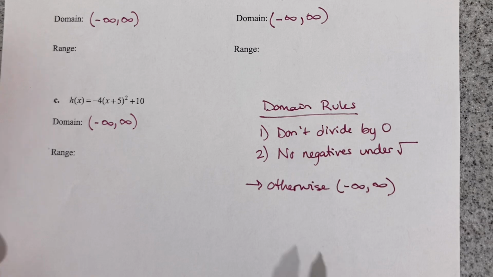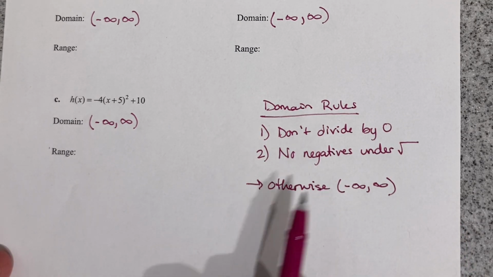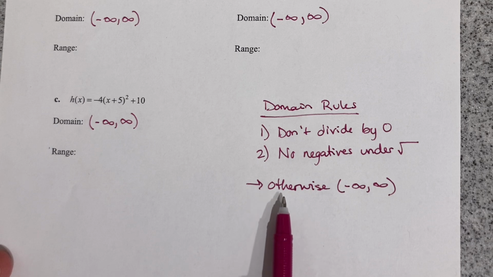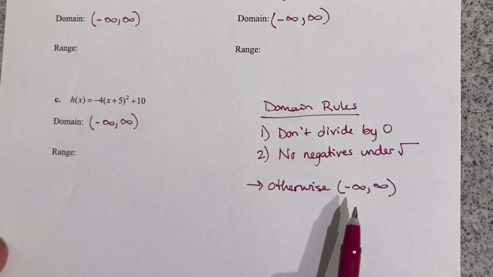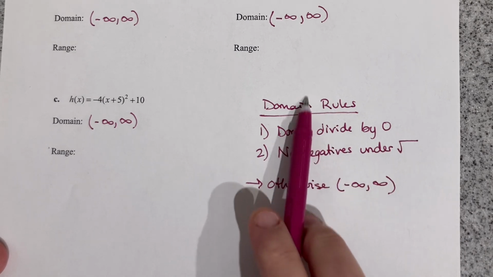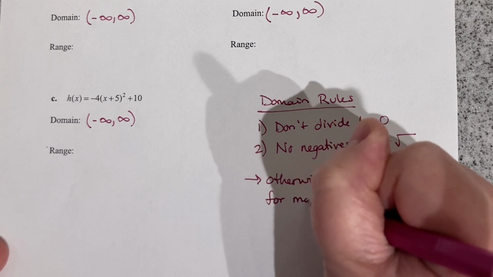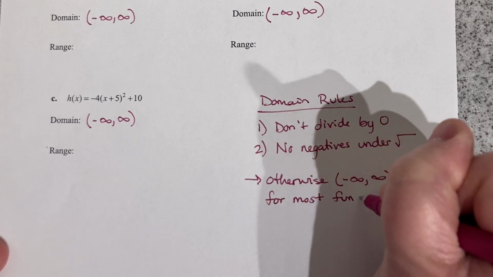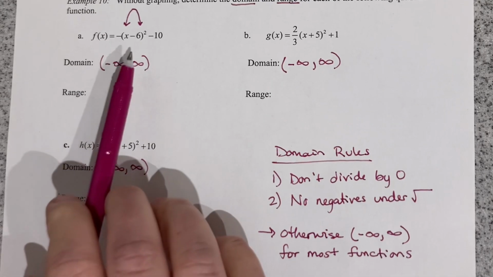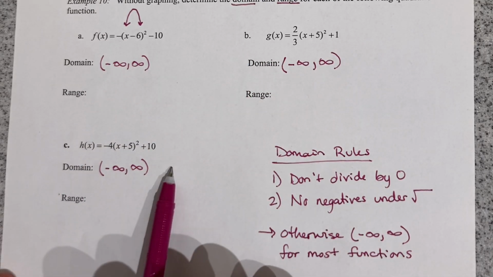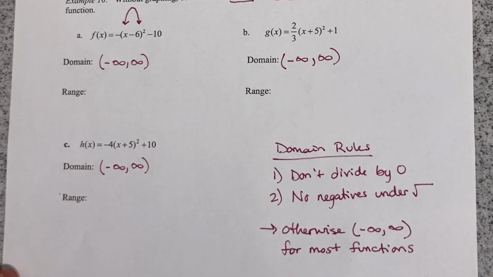One exception is logarithms. If you've taken a higher level math class, they deal with logarithms. At PCC, that's in pre-calculus. So other than logarithms, the domain for most functions is negative infinity to positive infinity. So if we don't see an equation that has a fraction with x in the bottom or a square root, then our domain's negative infinity to infinity.